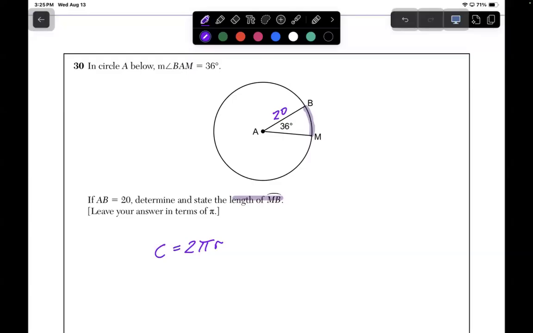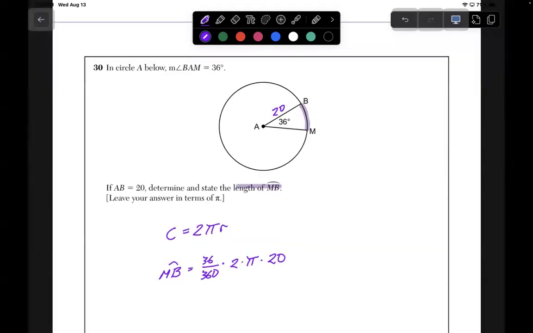The arc is going to be the circumference times the angle over 360. And the radius is 20.